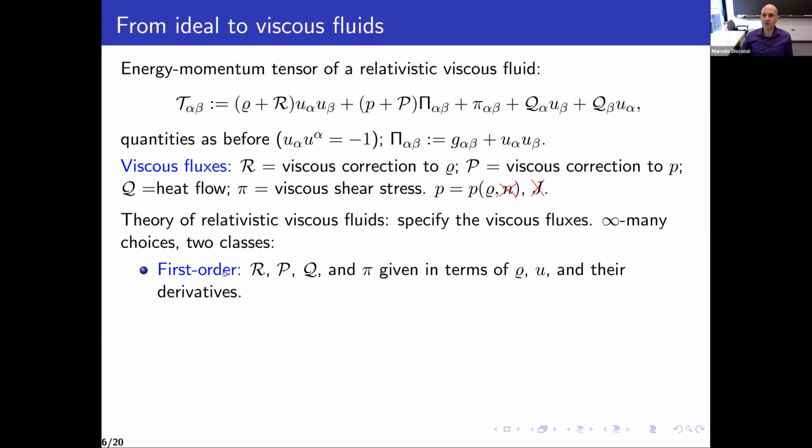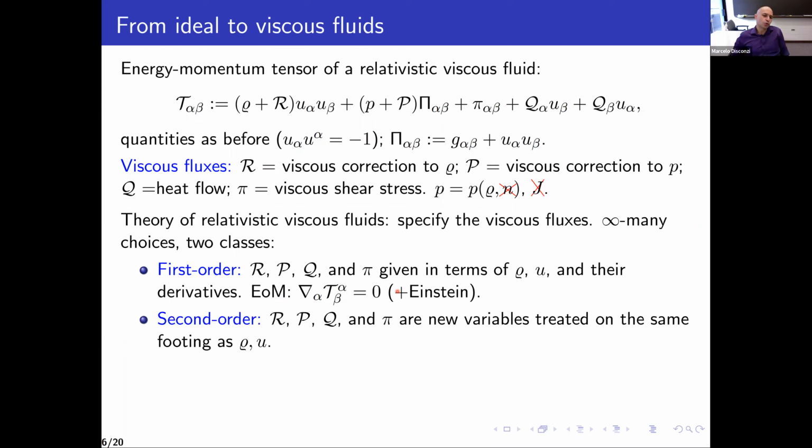So these first-order theories are very much like classical Navier-Stokes, where the shear stress is some expression of the derivative of the velocity. And I'm going to give examples in the next slide. But that's the basic philosophy. So the equations of motion are going to be, as always, the divergence of the energy momentum tensor equal to 0, possibly coupled to Einstein equations.